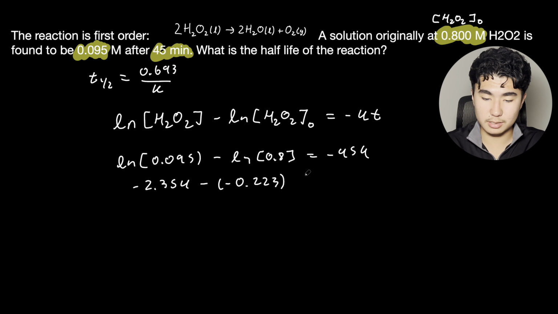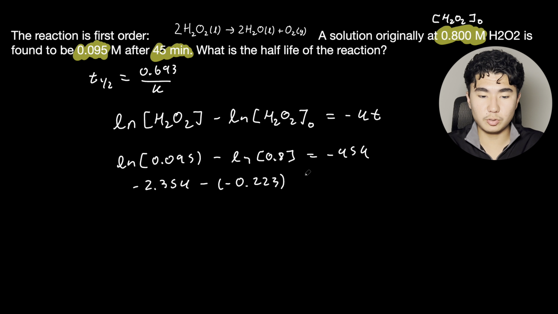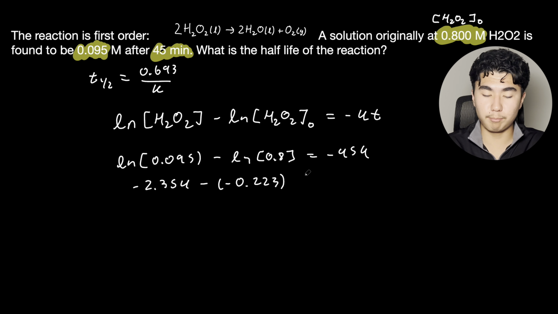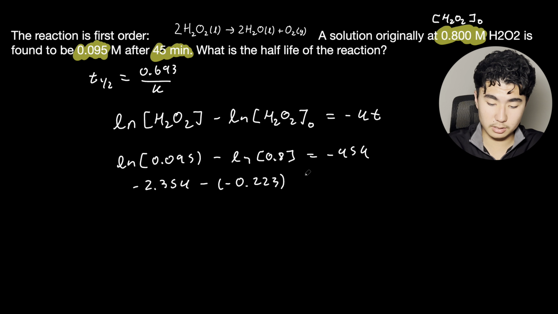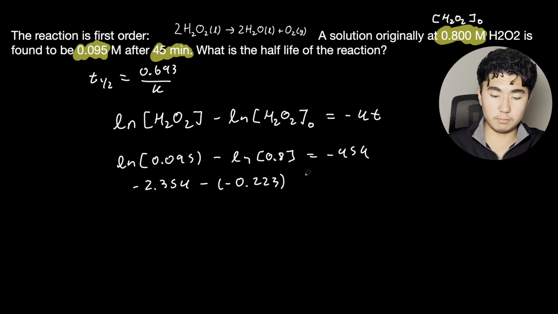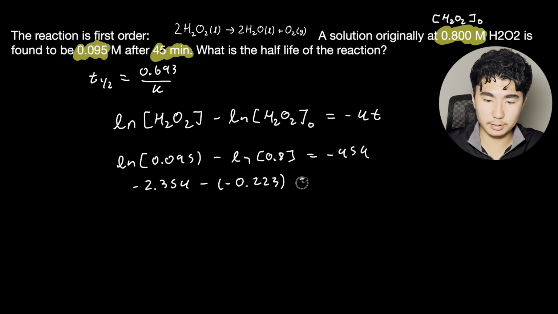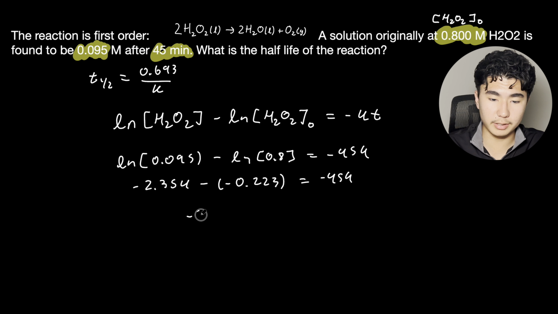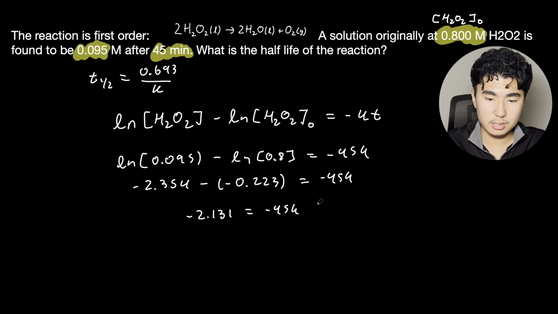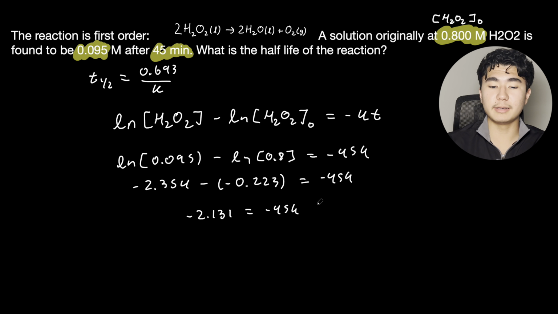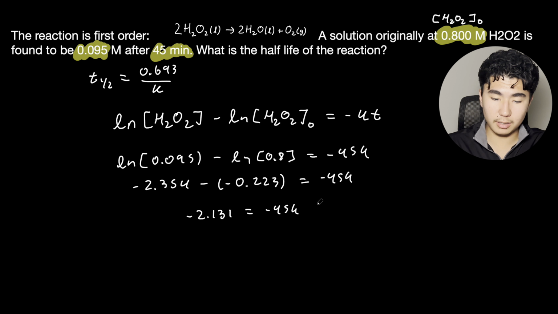So this is negative 2.354 plus 0.223, and we still have our negative 45K, so this should equal negative 2.131 equals negative 45K. So all we have to do is divide that negative 2.131 over negative 45.